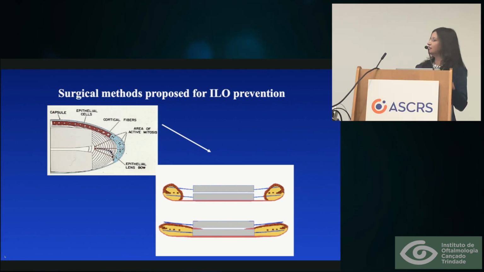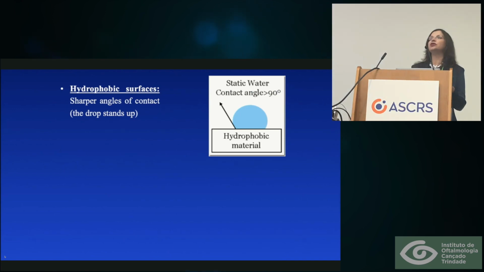And you can see that in this configuration, any residual lens epithelial cells that are in the equatorial region of the capsular bag are going to be sequestered, and this material will not be able to grow inside of the interlenticular space. So what happens is that if you have this configuration, you do not have interlenticular opacification. However, you really have to think about what intraocular lens you could put in the sulcus. So let us start by discussing the material.